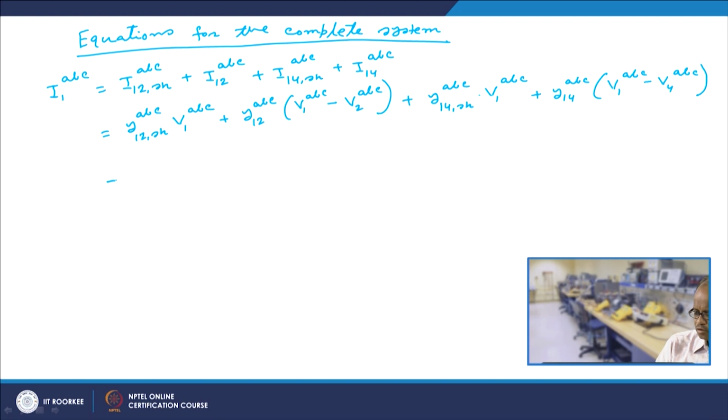So, then therefore, if I now take all these V1 ABC terms together, so Y12 SH ABC plus Y12 ABC plus Y14 SH ABC plus Y14 ABC, there should not be any comma here, Y14 ABC.